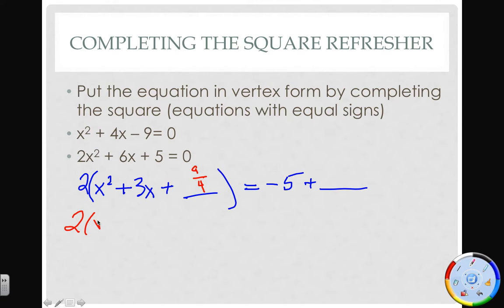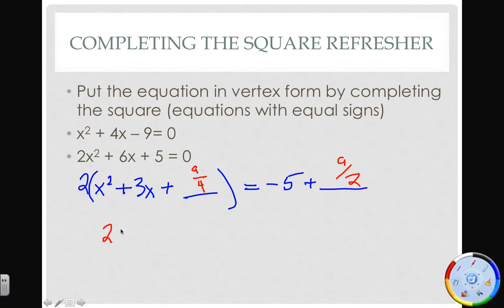That's actually x squared plus 3x, and oops, let me get rid of that. I'm going to do this a little bit different here. Because this 2 actually goes times the 9/4, I have to do 2 times 9/4 to get this number here. And in that case, it's going to be 9/2.